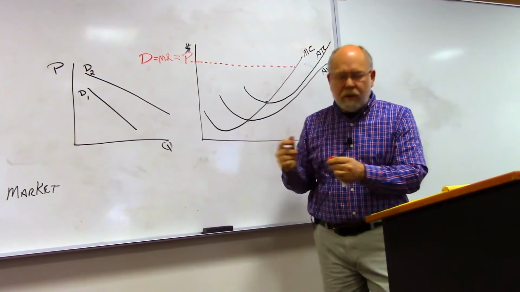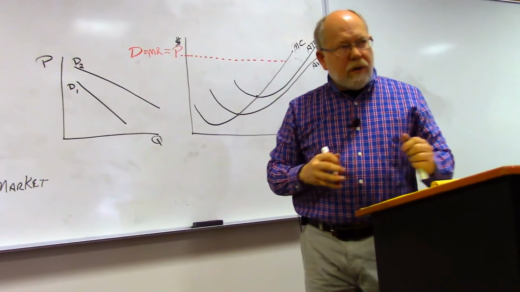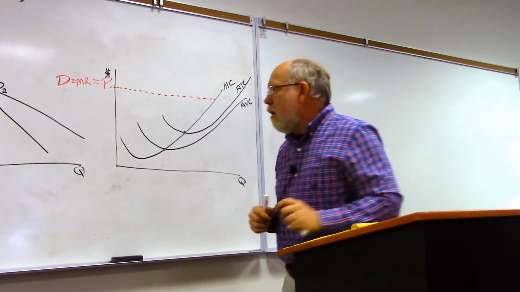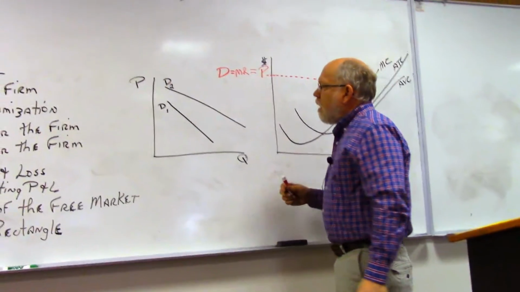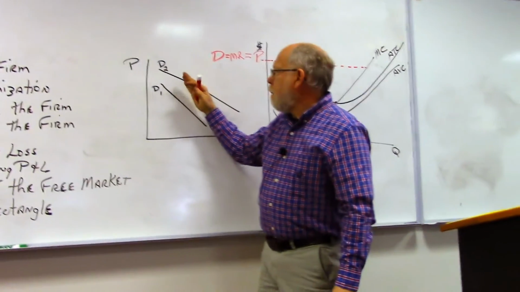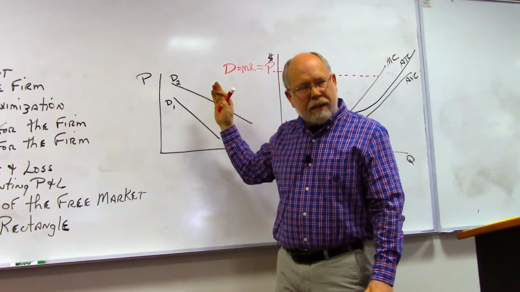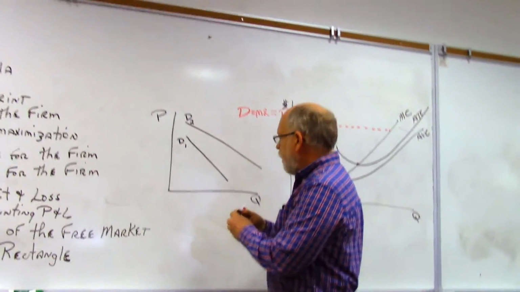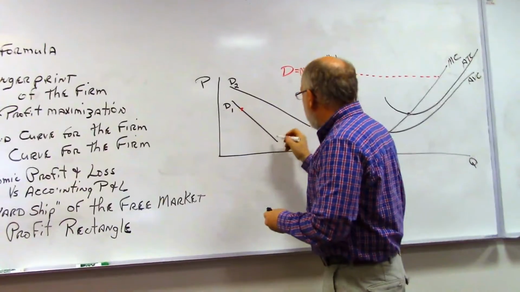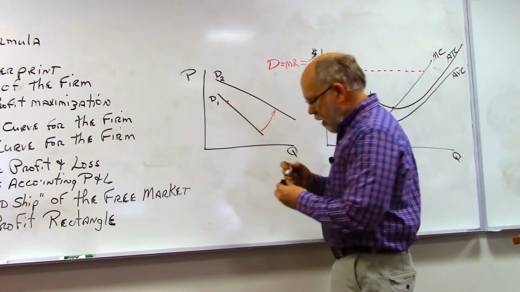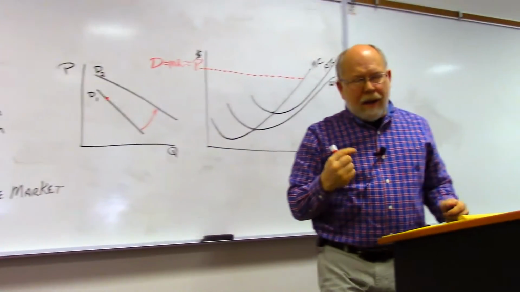Let's go back to something that we talked about earlier, and that's called elasticity of demand, or price elasticity of demand. Back in that chapter, we were saying that the more vertical the demand curve, the more inelastic the demand. But as we shift that curve and we make it flatter and flatter, it becomes more elastic.